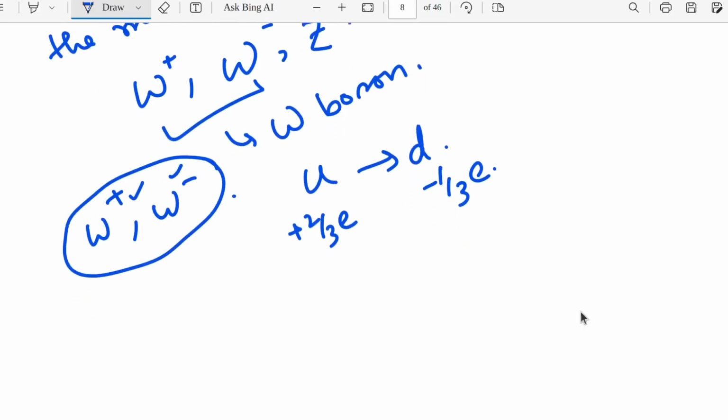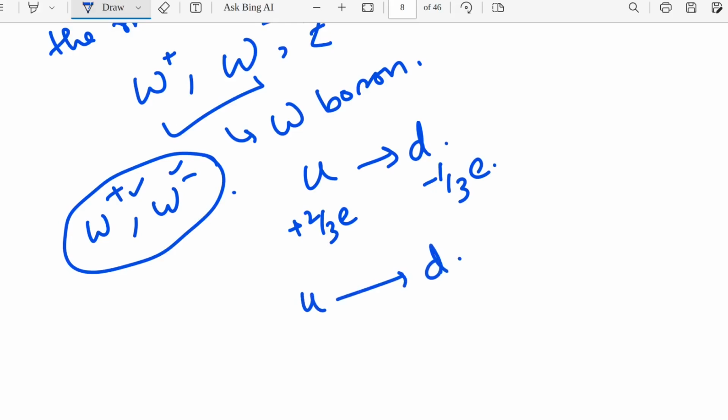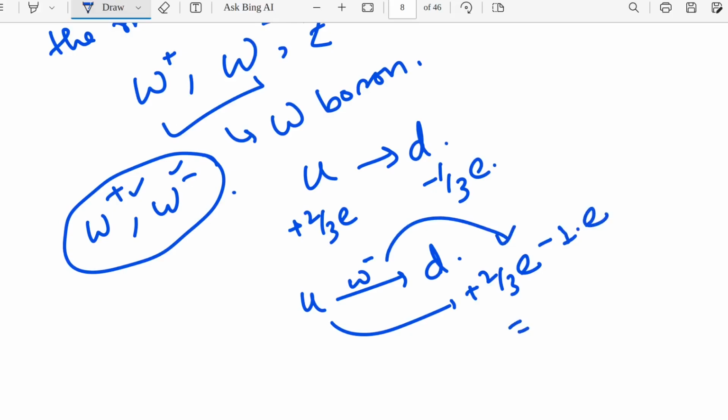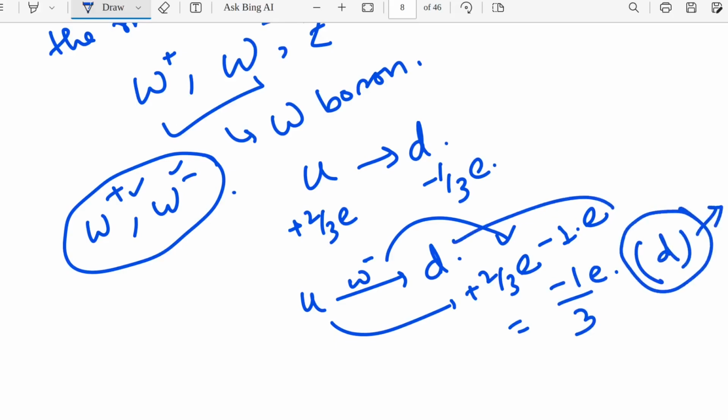If I do U to D with W minus, then U is plus 2 by 3 E, W minus is minus 1 E, and the result is minus 1 by 3 E, which is the Q value of the D particle. So whenever a quark is present in our interaction, the W boson can take part in that weak interaction. That means the W can take part with quarks as well.